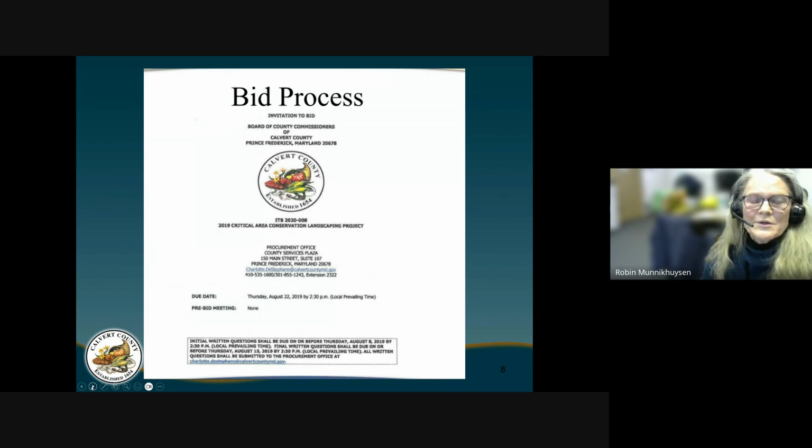It allows us to build a relationship with a good landscape contractor. You'll see here that it says it's a conservation landscaping project. We renamed it a while back from reforestation to conservation landscaping because we are focusing primarily on changing all of these huge lawns into native plants, and that's one of my primary goals, combined with the critical area goals. They kind of overlap, but this was really a big step for us.